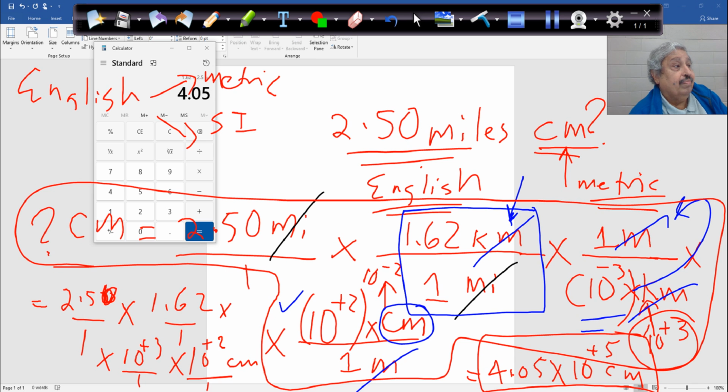Any question? That will be the end of chapter 1. Put any number for yourself and go from higher to lower prefixes in the metric and see how much, or convert from metric to English to metric. This is the length.